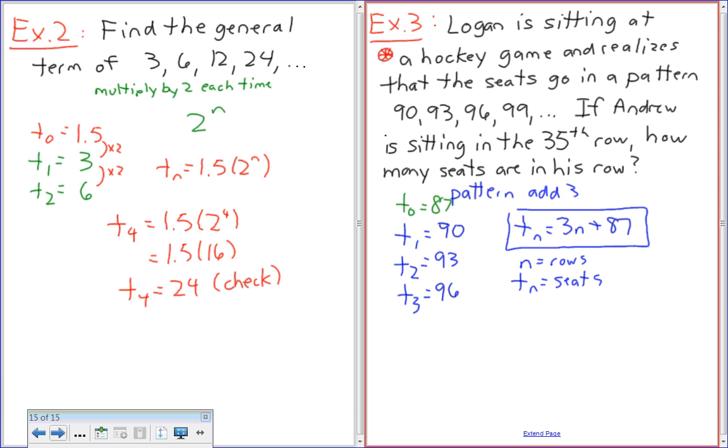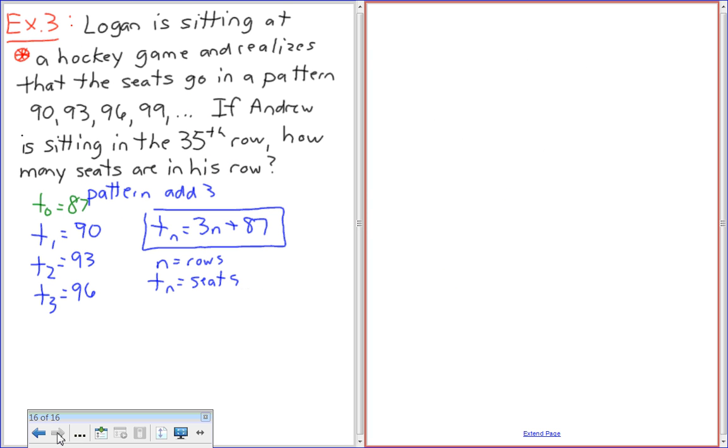Okay. So the question is, Andrew, if I want to find out how many seats are in your row, how do I figure that out? We're going to find T35, because that's going to be the 35th row. Ben, with the power of your calculator, can you tell me what the answer is?